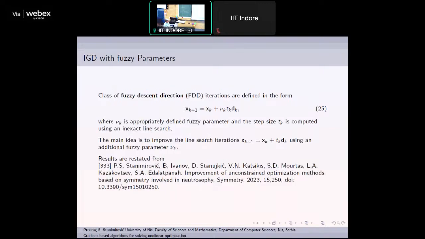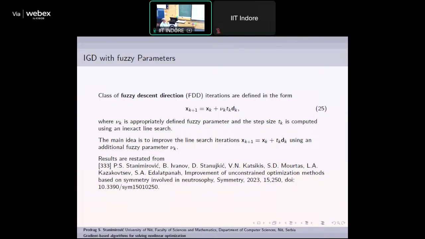And our idea was to put one additional so-called fuzzy parameter before the step size. The rule of this parameter was to trace the behavior of the goal function during iterations. If we go slowly to the minimum, then increase the step size. If in the opposite direction, decrease the step size.